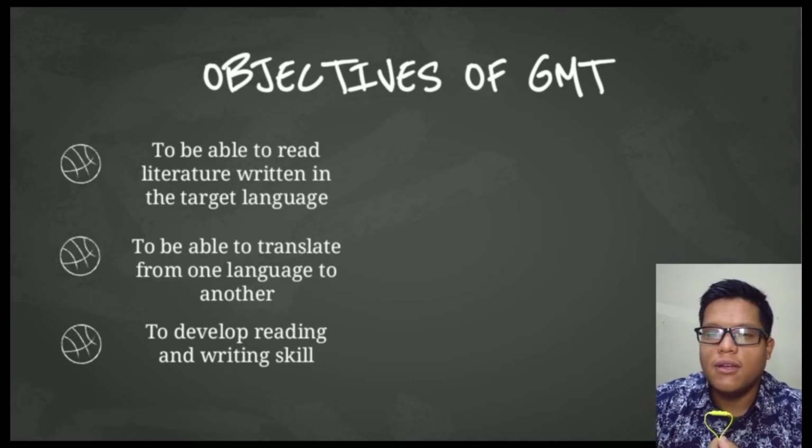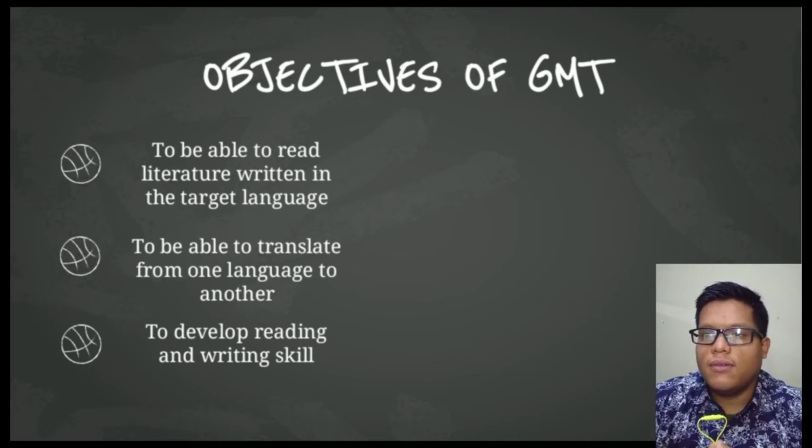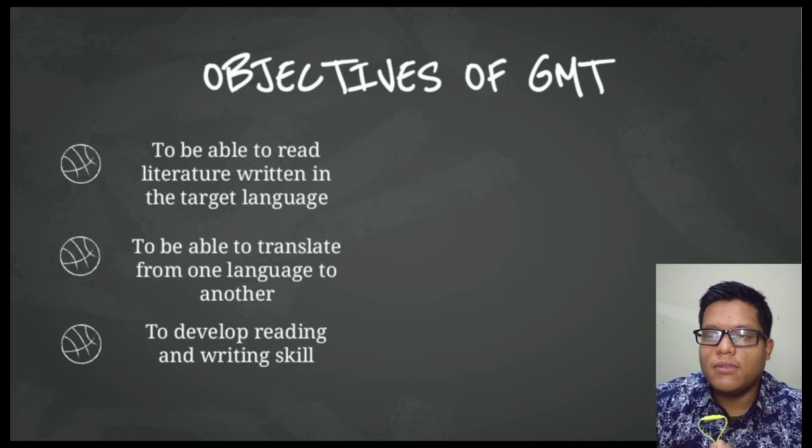We have the objectives of learning about grammar translation method. One is to be able to read literature written in the target language. So after we learn about this method, we hope that we can be able to read literature or text in our target language.